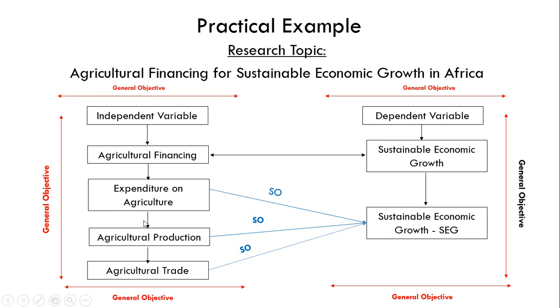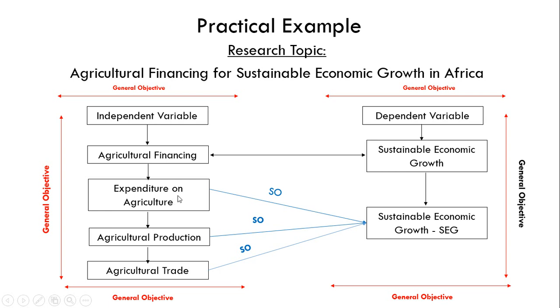The essence of financing agriculture is also to increase production, and possibly the other essence is to be able to have excess for trade purposes. So how this influences economic growth is what the specific objective intends to achieve.